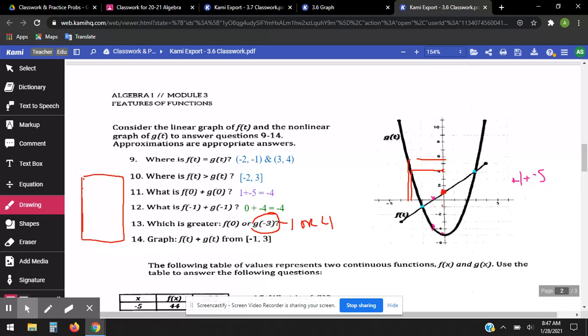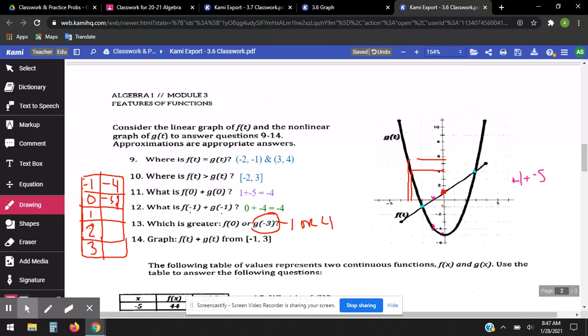So we have -1, 0, 1, 2, and then 3. We said -1 plus g of -1 was -4. And then when we did 0, f plus g was also -4.